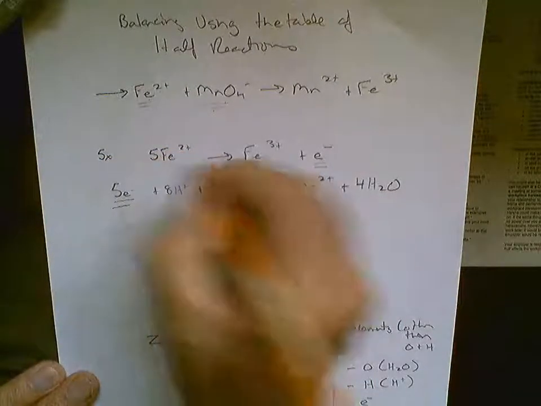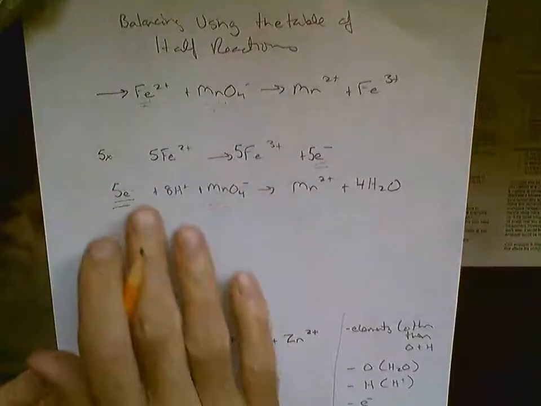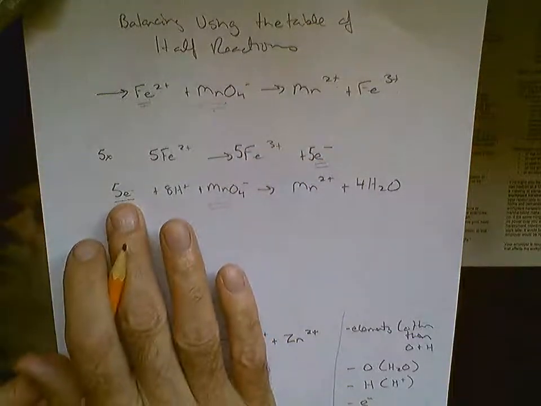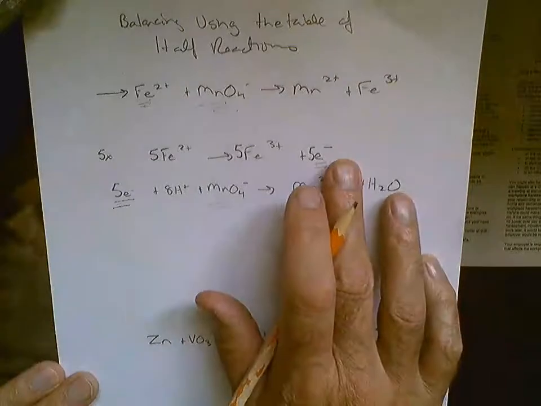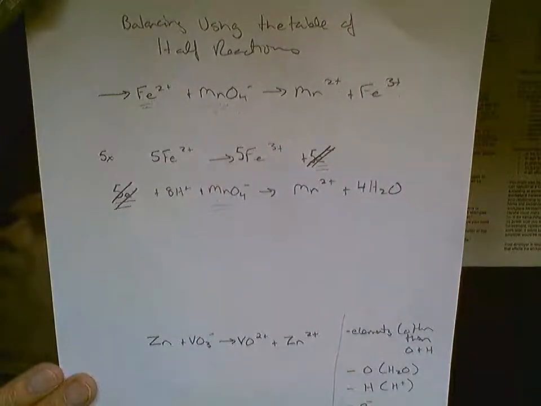So we're going to go 5, 5, 5. If you find things on the reactant side and on the product side, you can cross them out. So anytime that we've balanced half reactions, we will have no electrons left over.